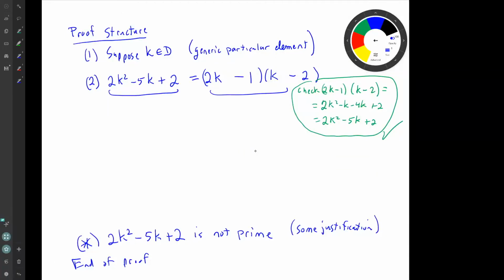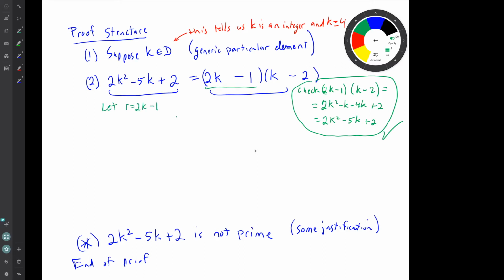Well, we know something about k. We know that k is in the set capital D. So k is an integer and it's greater than or equal to 4. Now let's think about the factors that we have and how big they are. Let's call this left factor r.